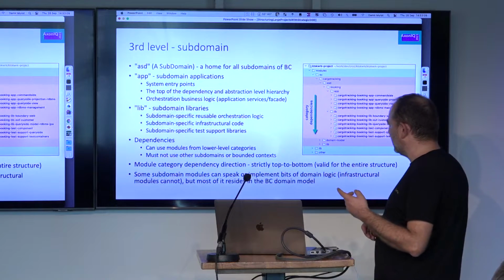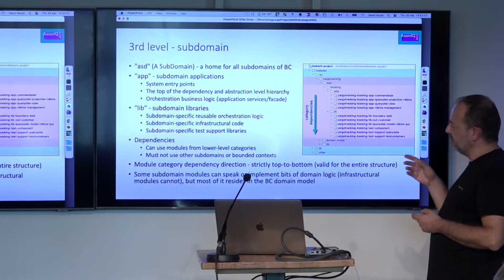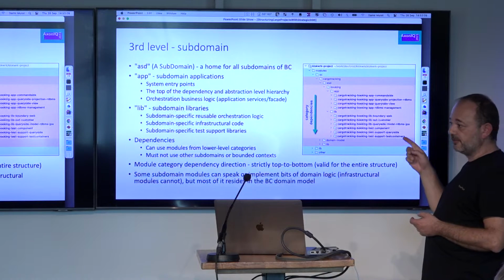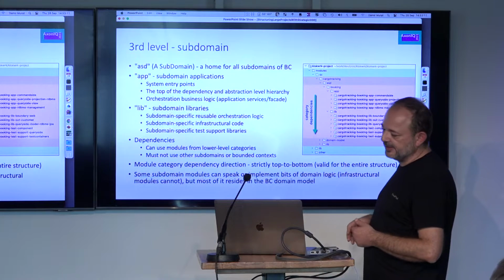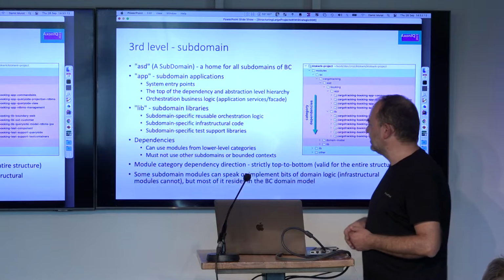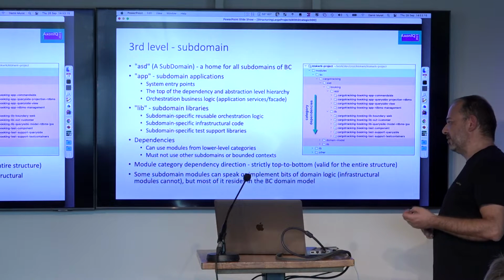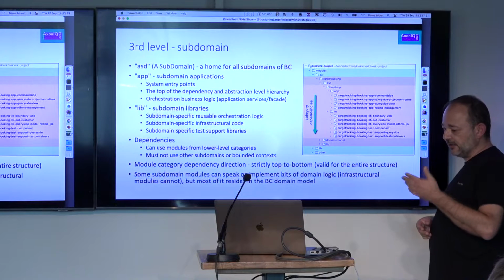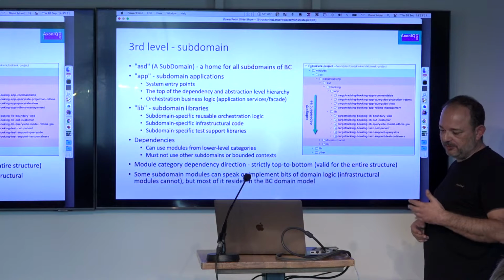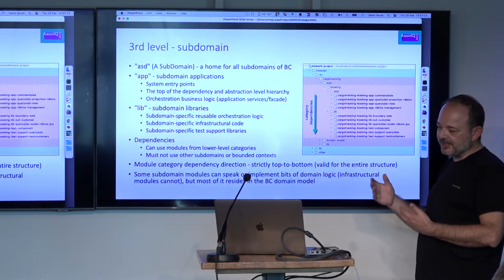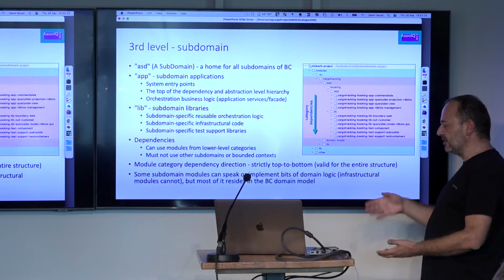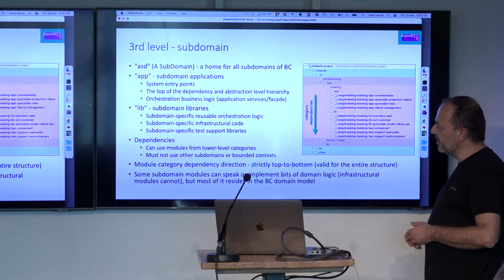And it is worth emphasizing again the green arrow on the screen. The green arrow going down stands for module category dependencies and their direction. And it goes consistently down through the entire system, not only at the third level, but through the entire hierarchy.